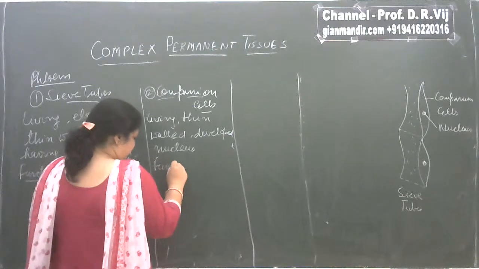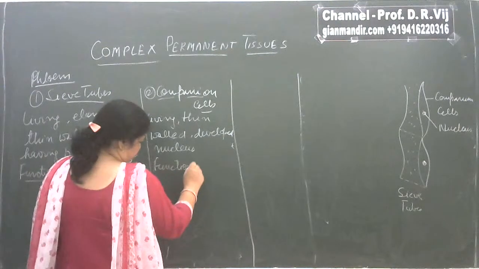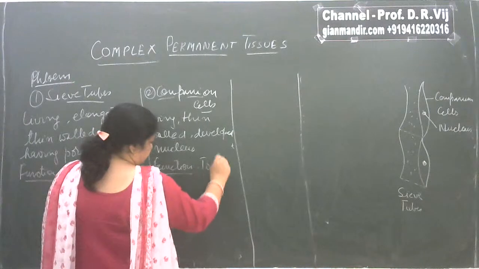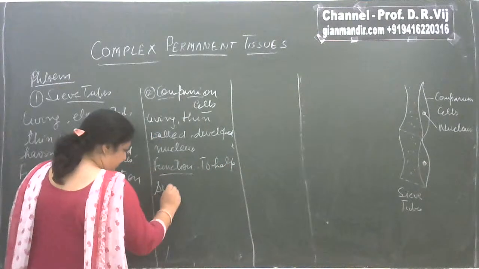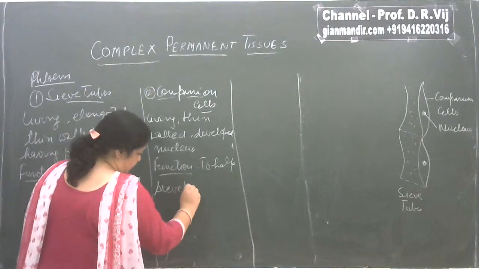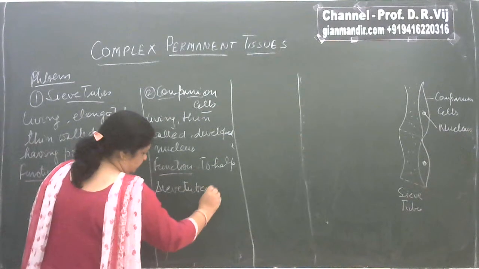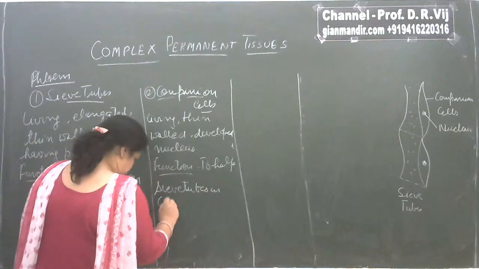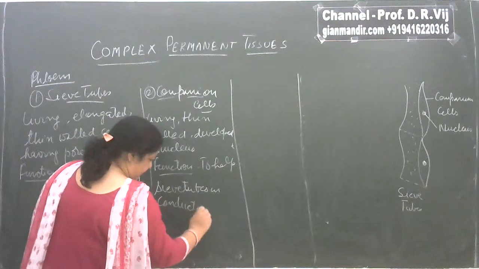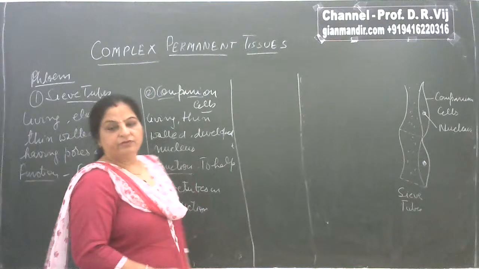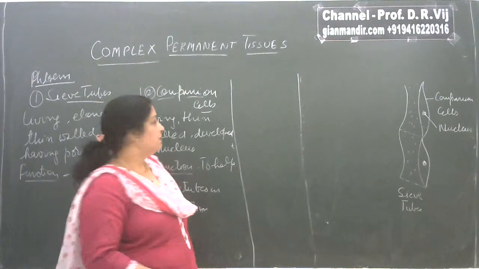And their function is to help sieve tubes in conduction. Right? So that is about companion cells.